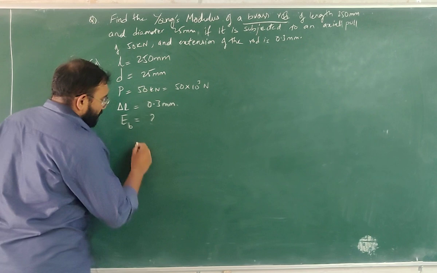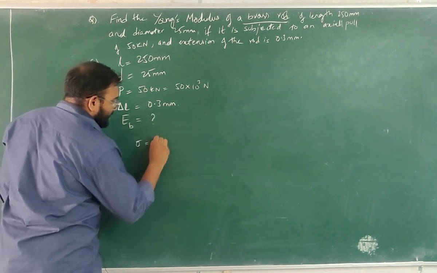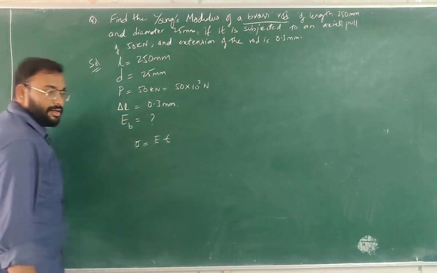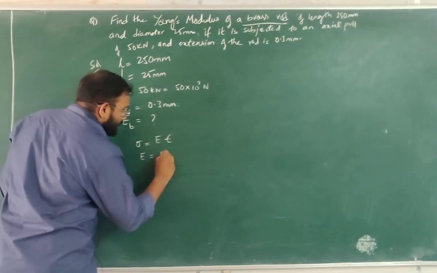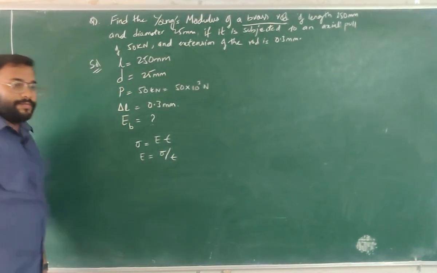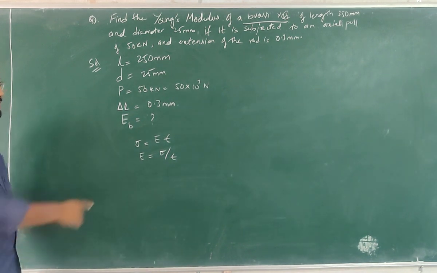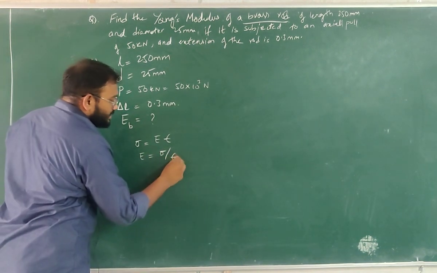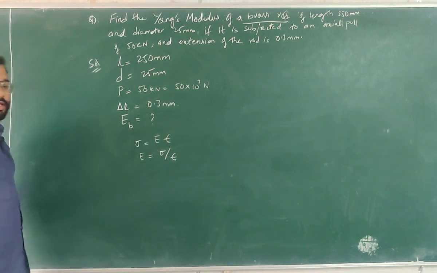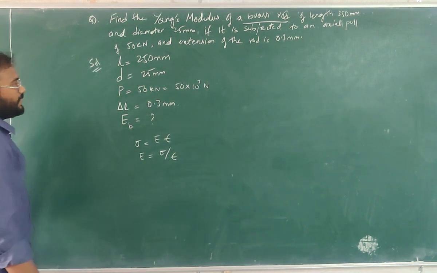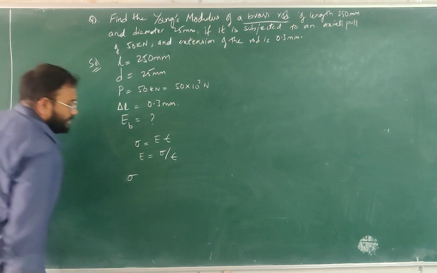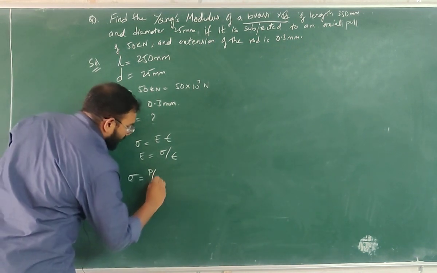So, what is the formula? Stress is equal to E times strain, or E is equal to stress by strain. Okay, if you calculate stress and strain, you will be able to compute what is Young's modulus. So, first step is we will calculate stress. Stress is load by area.